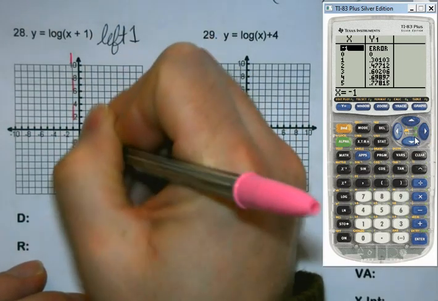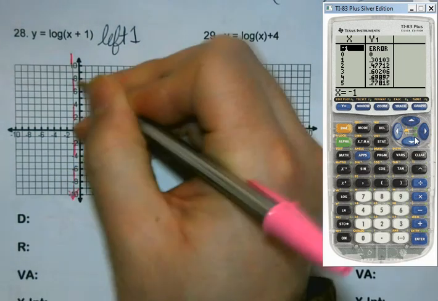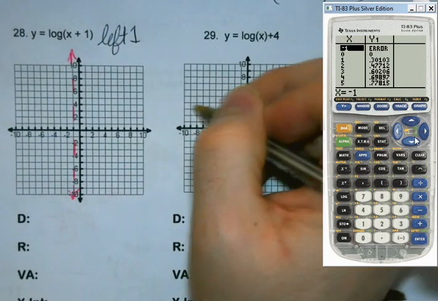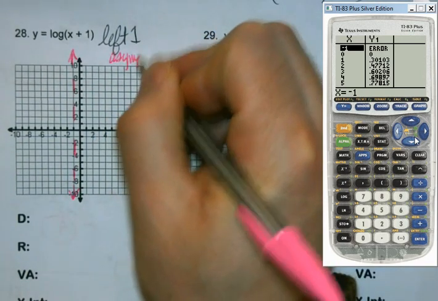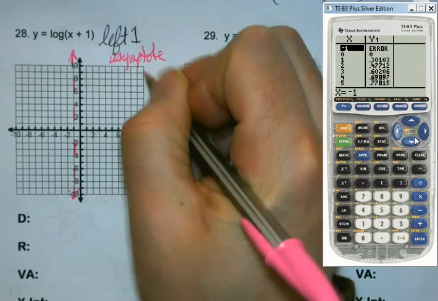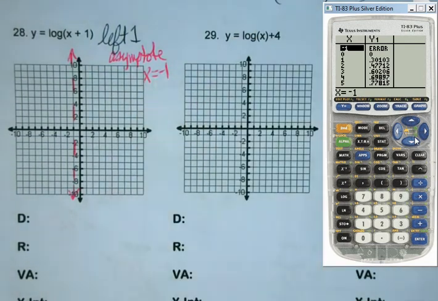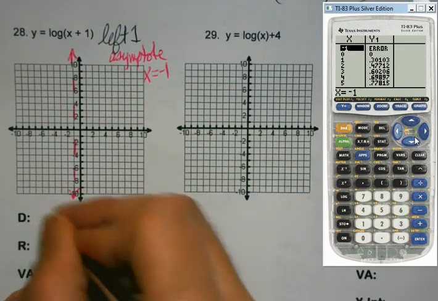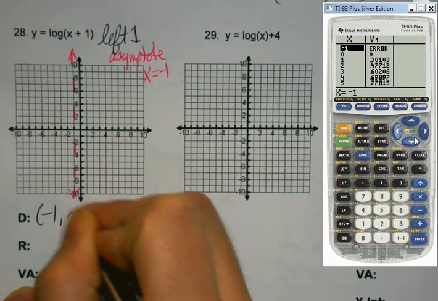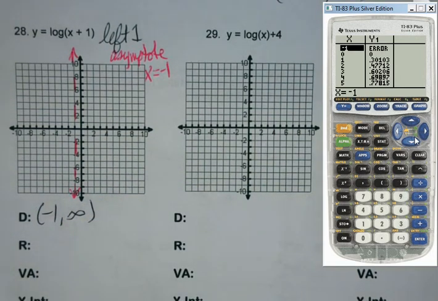So again, I'm just going to draw it in so I know where it's at. So my asymptote is x equals -1. It's shifted left 1. The only time my asymptote moves is left or right, which also means my domain is going to shift to the left, right along with it.